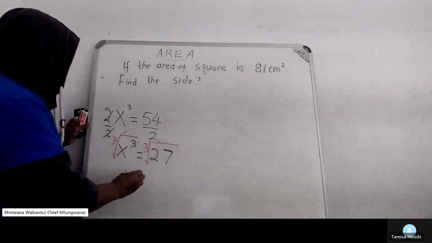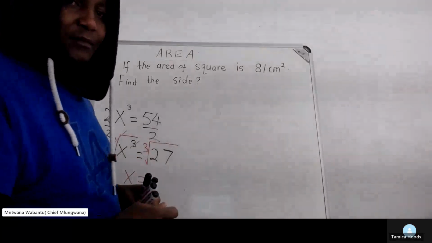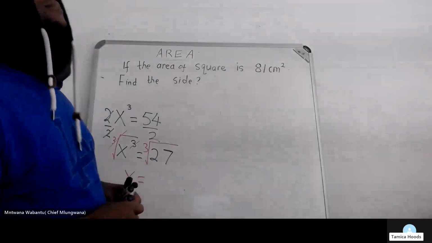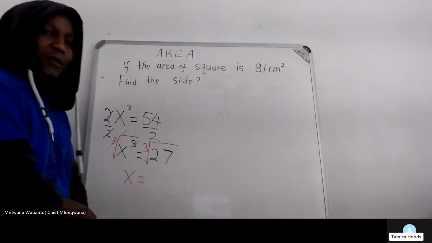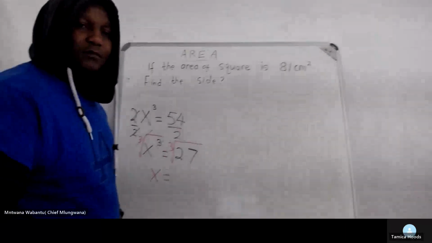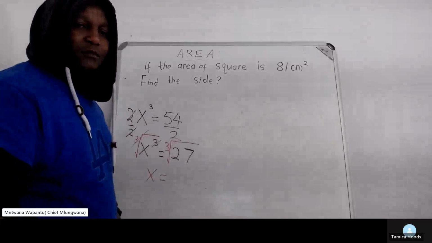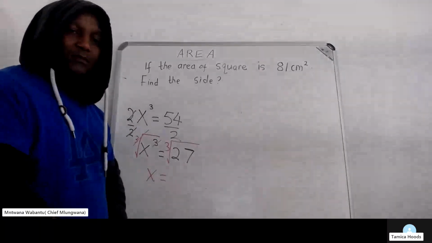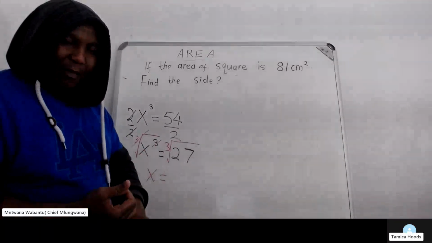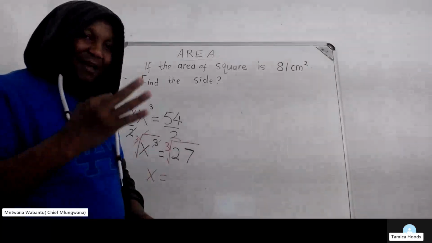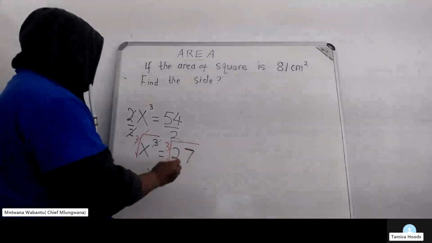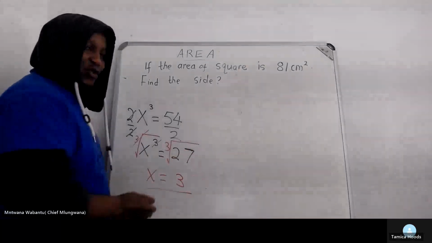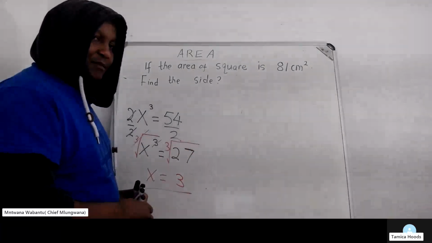So we have x equals... Which number is that? 3. A number multiplied by itself, multiplied by 3. Yes, because 3 times 3 is 9, 9 times 3 is 27. So the number is 3. Do you understand? Yes, I understand.